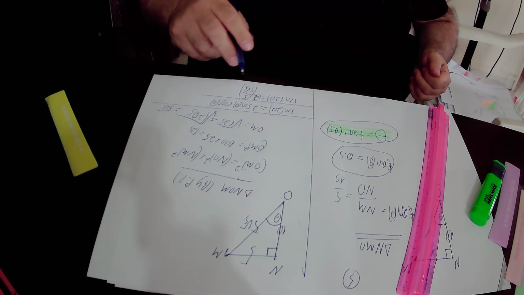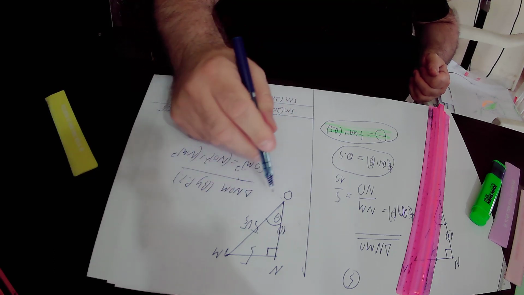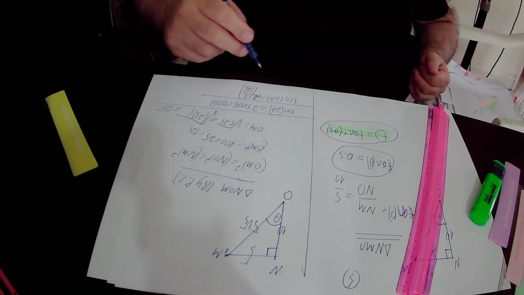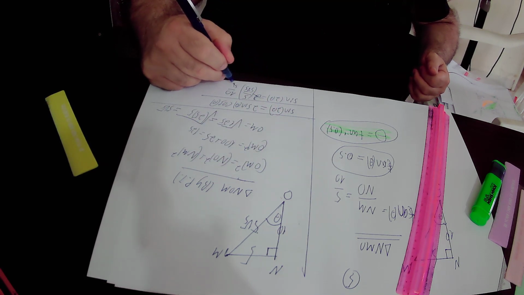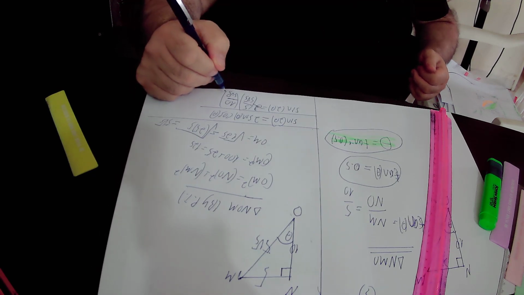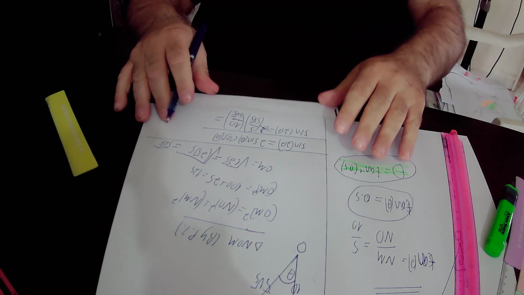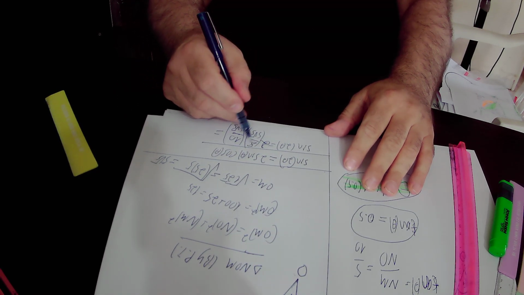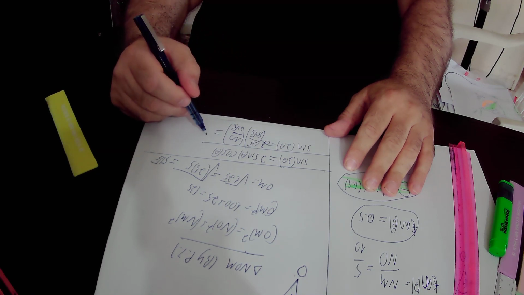And what is the value of cosine theta? From the drawing it is very easy to see that cosine theta in the right triangle NOM equals ON over OM. So it is ON, that is 10, over OM, that is 5 times square root of 5. So cosine theta equals 10 over 5 times square root of 5. Here we have 5 in the numerator and 5 in the denominator, so the 5 will get cancelled. In the numerator we have 2 times 10.